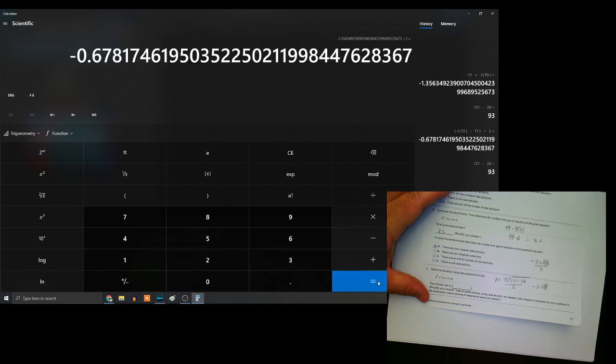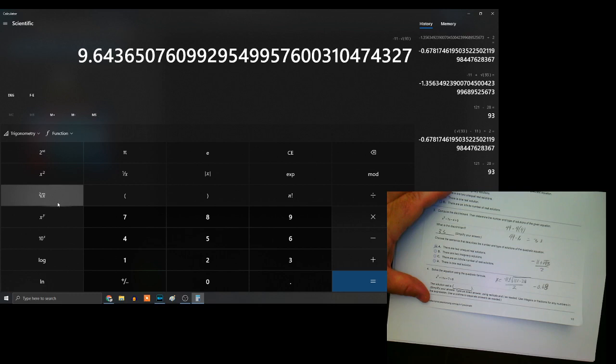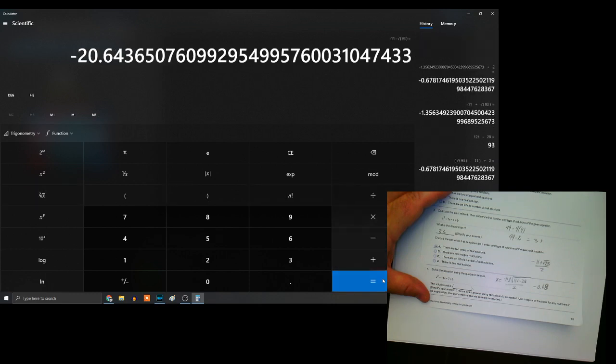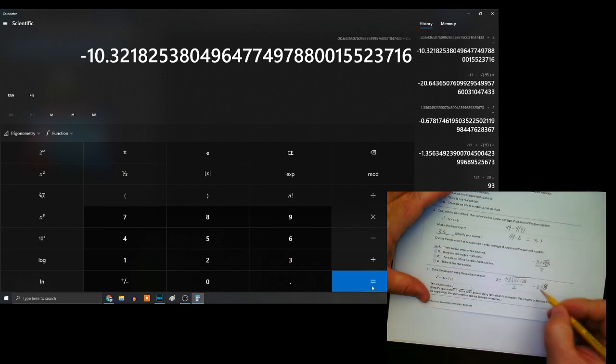See if we get the same answer. Yes, we did. And then the other one is negative 11 minus the square root of 93, equals, and then divide by 2. So this is our second answer, negative 10.32. So those would be our 2 answers right there.